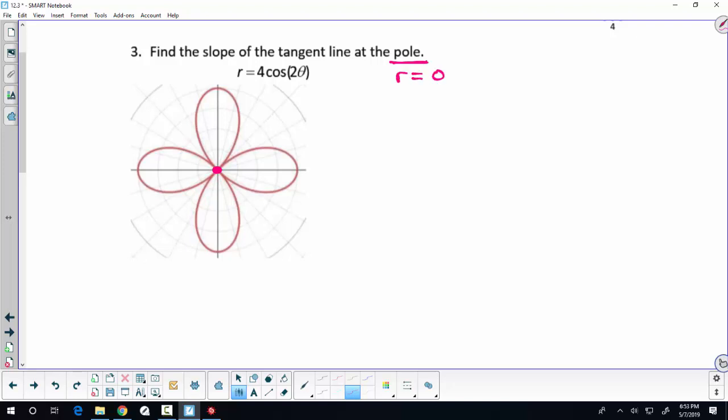To find the slope of the tangent line at the pole, we first need to find the equation of the tangent line at the pole. If we take this derivative, we'll have a dy over dx in terms of theta. So what theta do we plug in to find the slope of the tangent line at r equals 0?